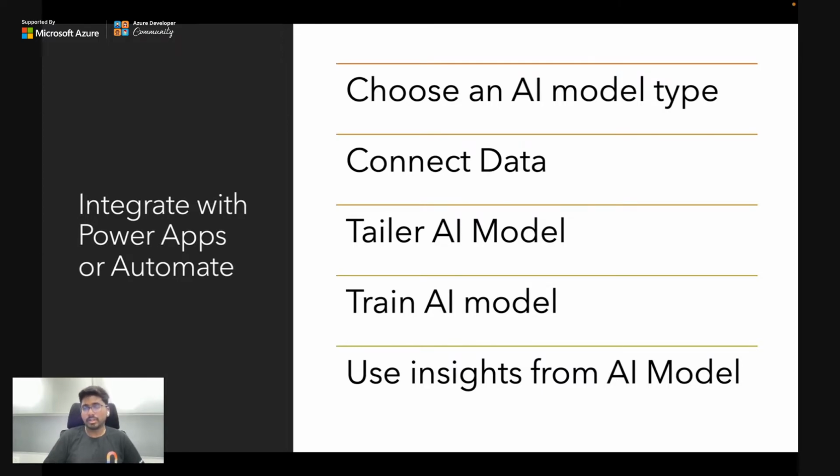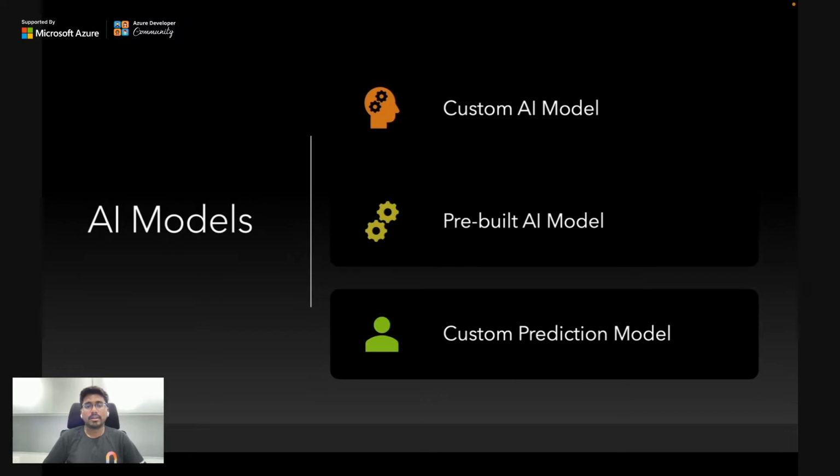Then, of course, you need to give your data. If you have some special constraints, you can tailor your AI model. Then you can train your machine learning model if necessary, if it's custom. And voila, you've got your AI model ready, and you can create some amazing business use cases with the AI model you just assigned.